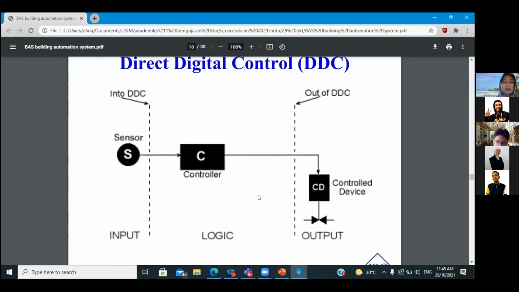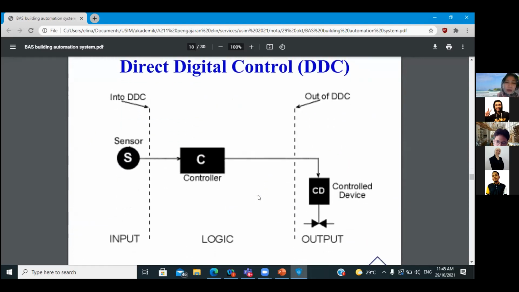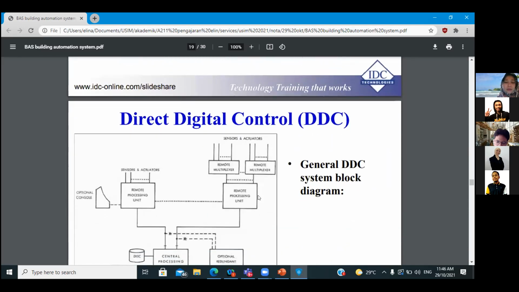You need to understand this also, because when you design the wiring for the inverter, for the PV, you need to understand where the direct supply of electricity comes from. Is it from the TNB substation or from the inverter of the PV on top of the building? That is why you need to understand the term direct digital control. What is direct digital control?